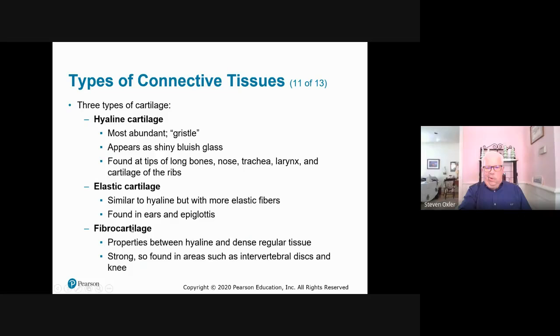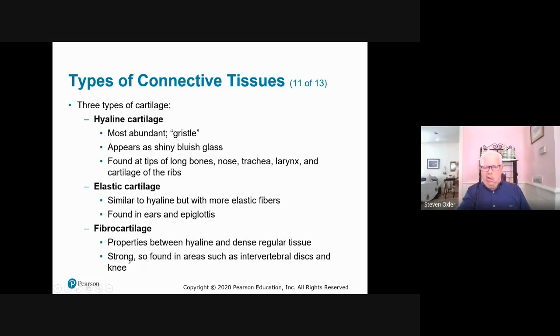Fibrocartilage. Fibrocartilage is the strongest of all cartilage. It is found in areas that need the most tension. It bears the most weight. And the areas that bear the most weight in your body are the intervertebral discs of your spine and your knees.